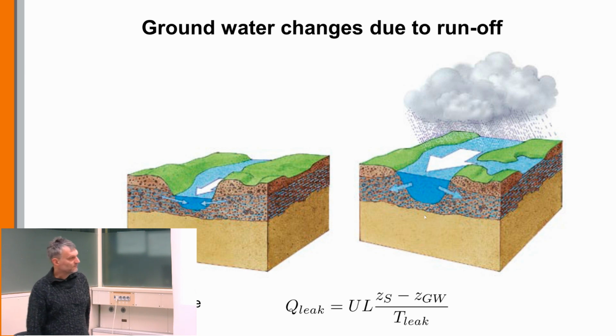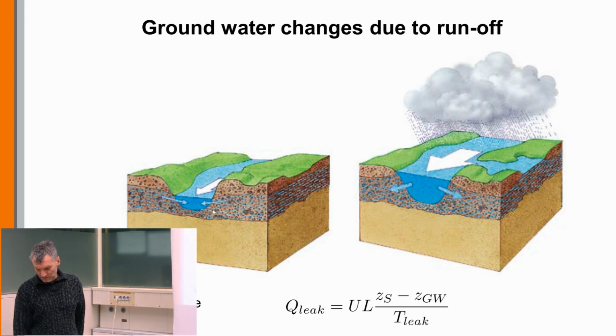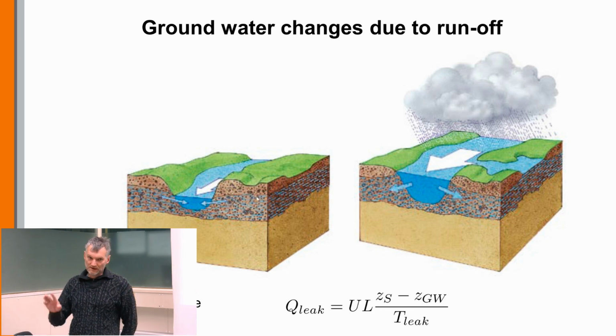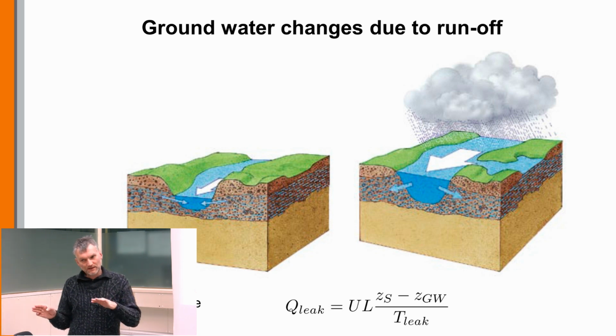And now we want to calculate the flux of groundwater. In the easiest way, we can say that this flux of groundwater going into the river, or river water going into the groundwater, is proportional to the difference of the free surfaces. When the groundwater free surface and river free surface are at the same height, then there is no flux from the river to the groundwater, or vice versa.